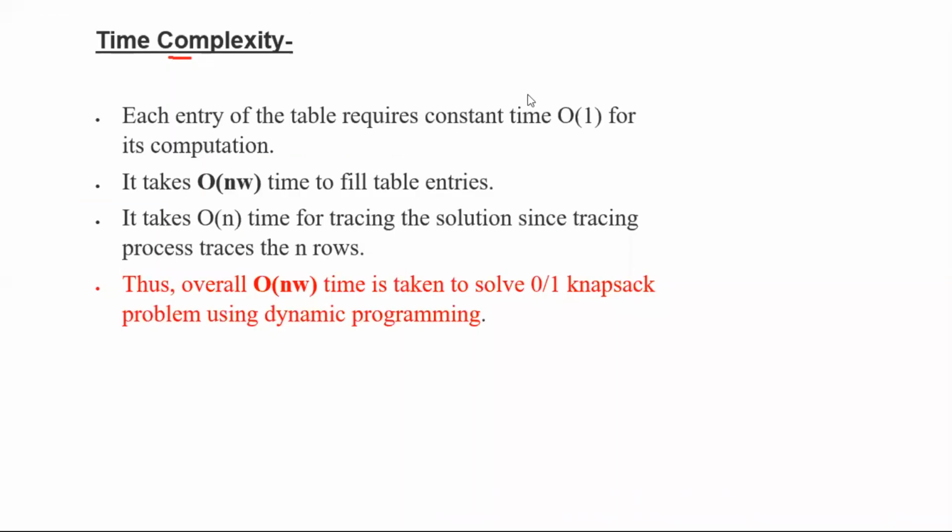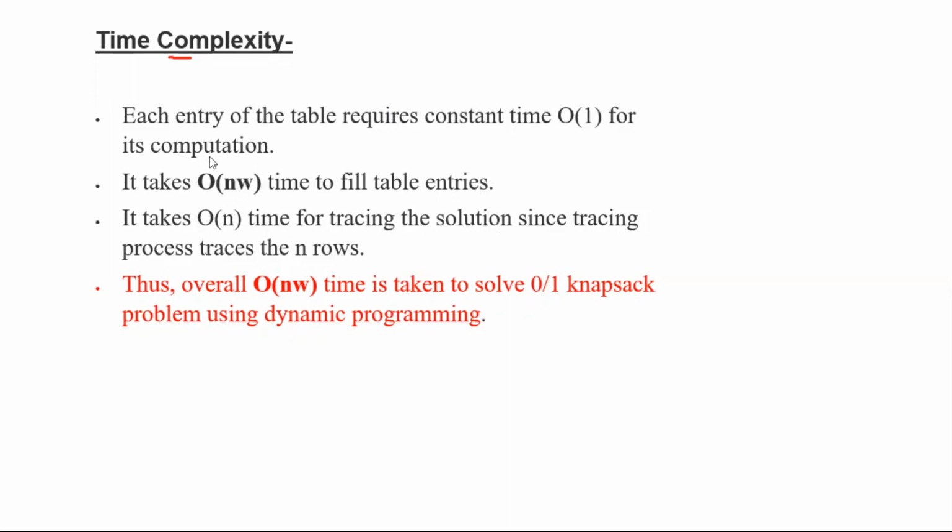Regarding complexity, each entry of the table requires constant time, big O of 1, for its computation. We have a total of NW entries. So big O in this case is NW to fill all the entries. It takes big O of n time for tracing the solution, since the tracing process traces the n rows.